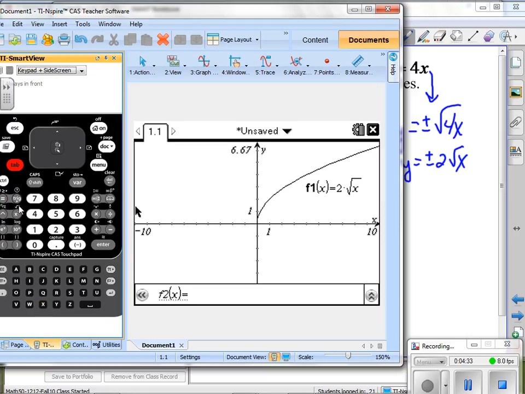Whoops, let's get another, there we go. -2 square root of x. Okay, so if we put both of those on the same one, we're going to be able to see that whole function, or not a function, but equation.